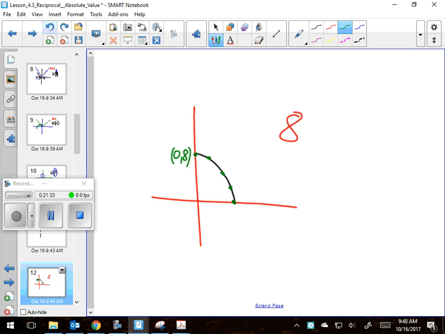And this spot here could be (5, 0). Let's make up a few other points along the way. Let's say this is (4.8, 1). Let's say that's (3, 4) right there.